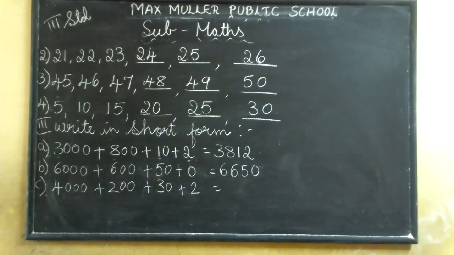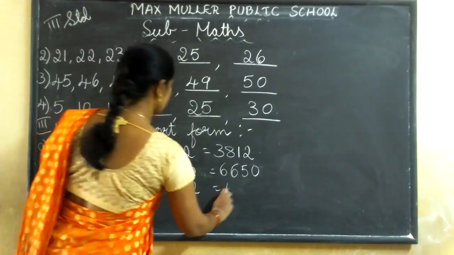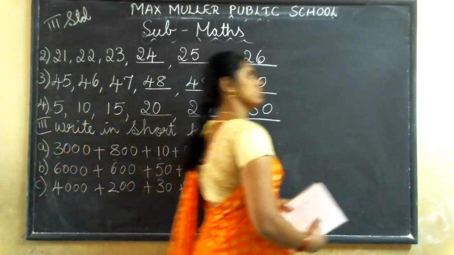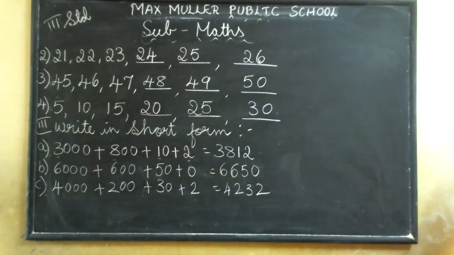So how are you going to write? 4,232. Copy down fast. Finished? I'll give 2 minutes' time. Finish it fast. Pause and copy down.